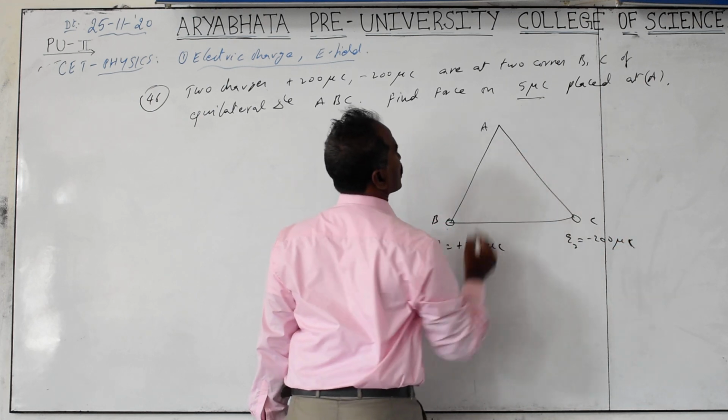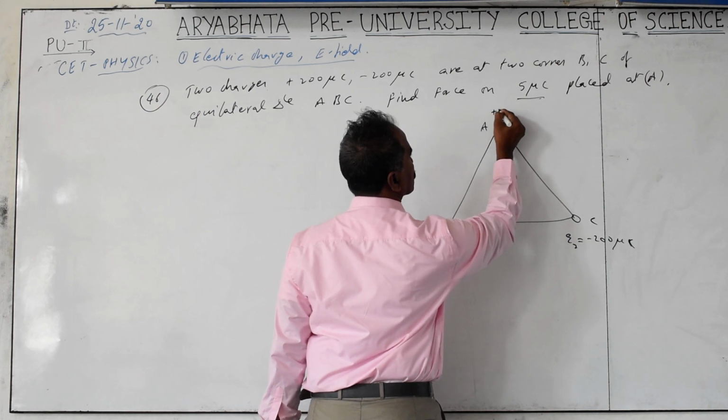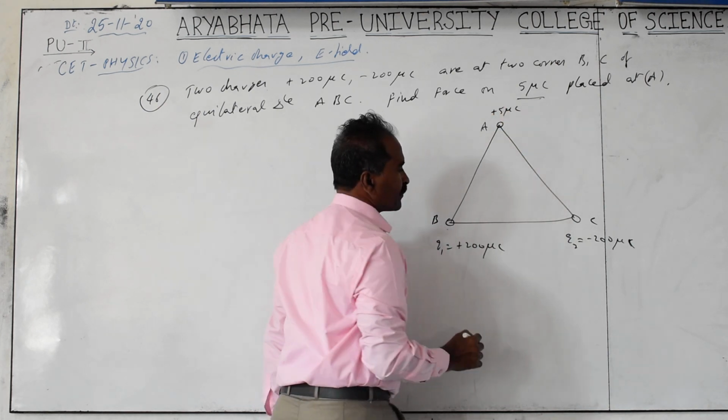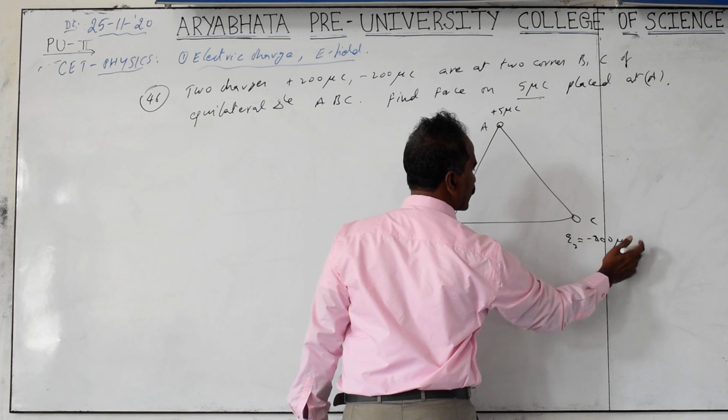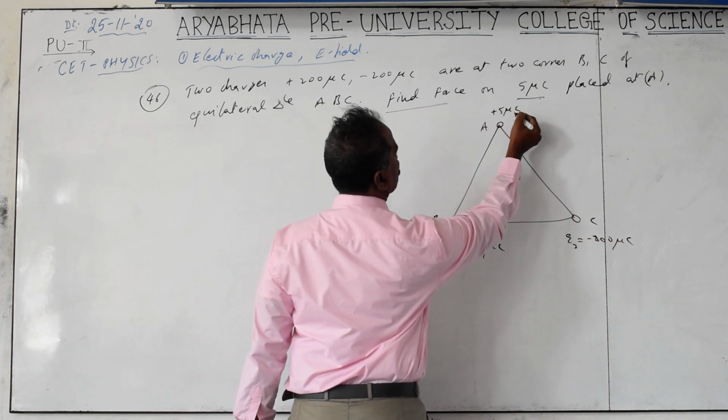The third charge is 5 microcoulombs; since no sign is mentioned, you take it as positive, plus 5 microcoulombs. You have to find the force on this 5 microcoulomb charge.